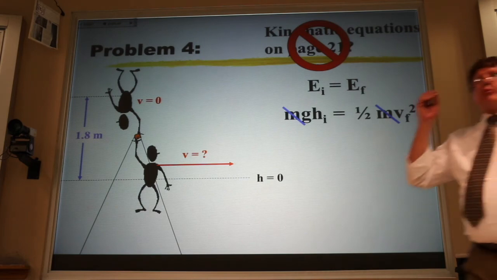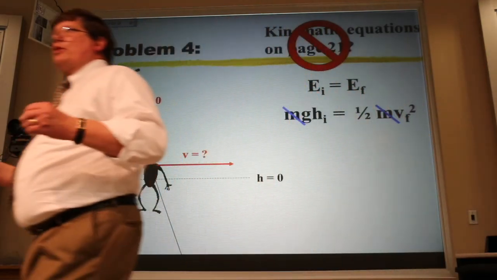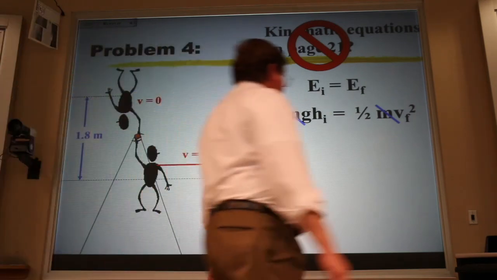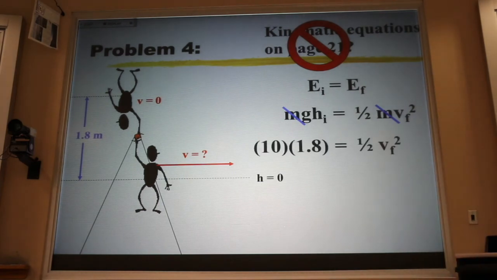That is the most important principle at Disney World. Okay? When you have a roller coaster where all the energy is either gravitational or kinetic, that mass is going to cancel out. What that means is that everyone's going to get to the end of the ride at the same time. That's important. You don't want to leave the heavy guys behind. We all get down to the bottom of the roller coaster together because the mass cancels out. So now it just becomes plug and chug.